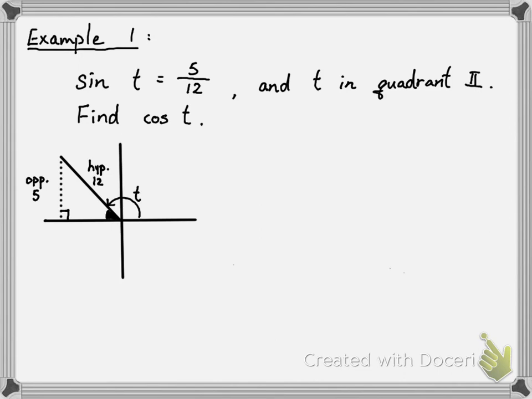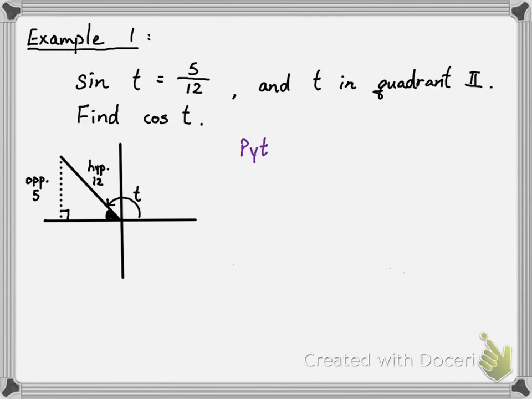Now we have a missing side. What does that side equal? You can use the Pythagorean theorem to help you find the third side. Then you will have your answer. Or the other way that we have learned in this video is the Pythagorean identity.